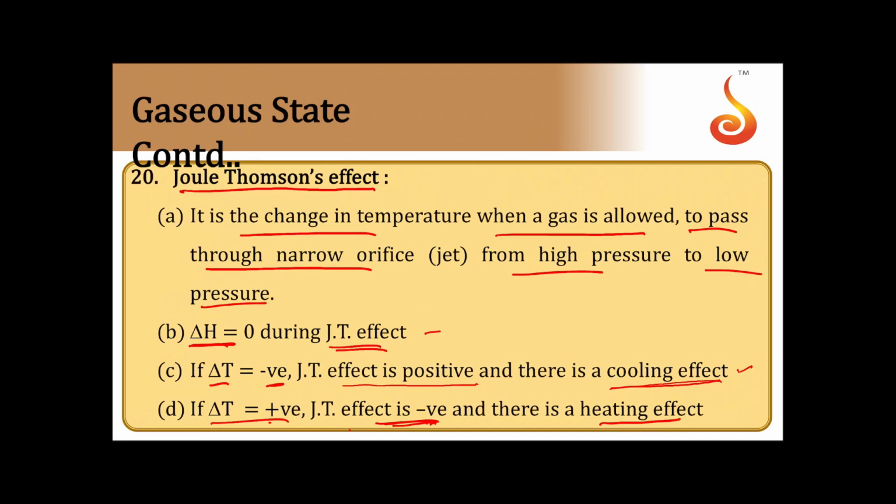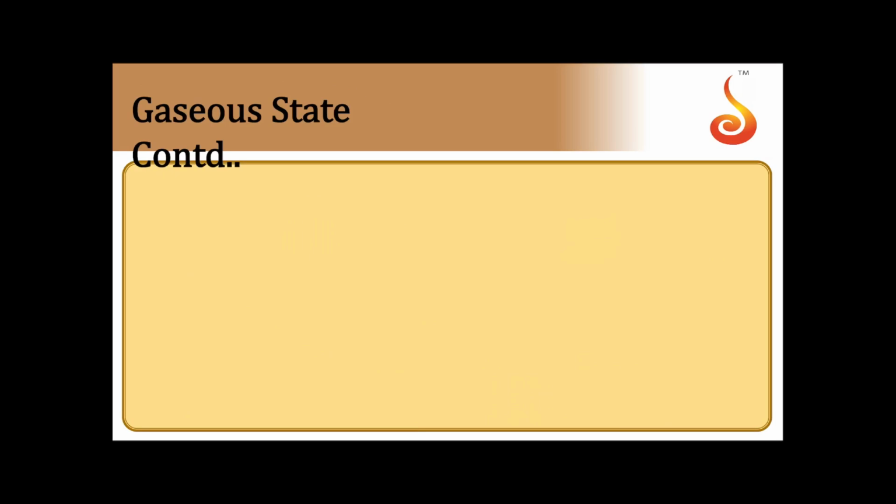So heating effect is considered to be negative Joule-Thomson effect, delta T is positive, and cooling effect is said to be positive Joule-Thomson effect, and delta T is a negative value. And under isothermal conditions, because we are keeping temperature constant, we cannot see either increase or decrease of temperature. And this is regarding the Joule-Thomson effect.